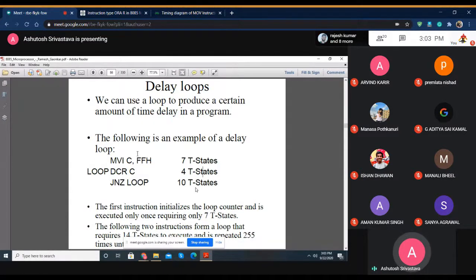So what does FF represent? In binary form, what is FF? Or in decimal form, what is FF? So 255 in decimal and 8 ones in binary. Correct. So this will continue to execute, or repeat, up to 255 times.